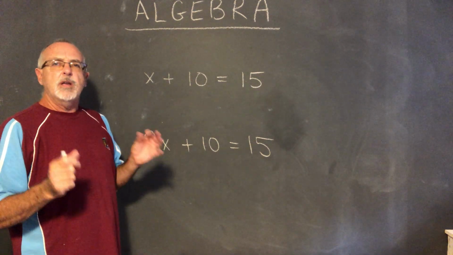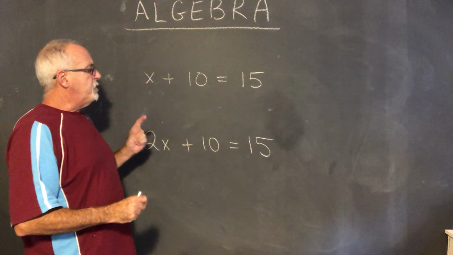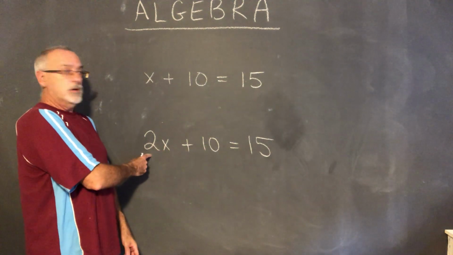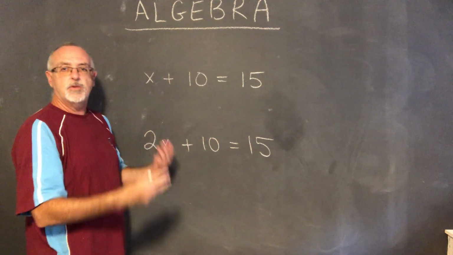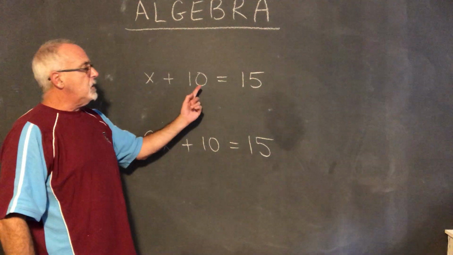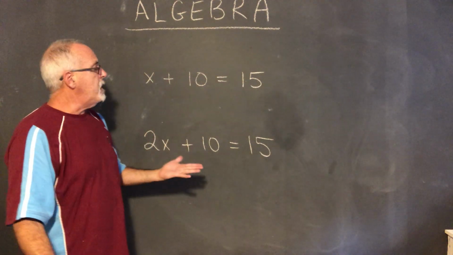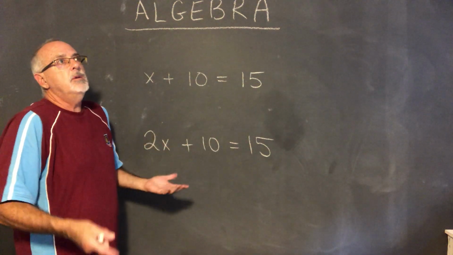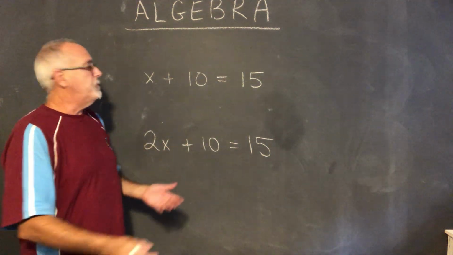Well, really, we're talking about two-step algebra problems like this one. Not very different, it's just that now the x has a numerical coefficient, it's 2x, so there's an extra step to be done. I'll start just by doing this one though, just as a reminder. We want our x alone, it's having a 10 added to it. What do we do? We do the opposite of adding a 10, we subtract a 10.